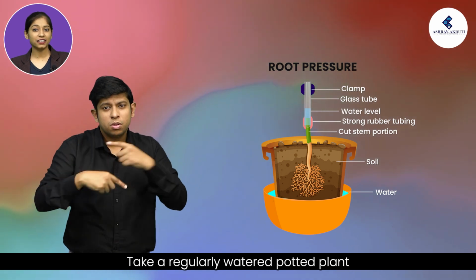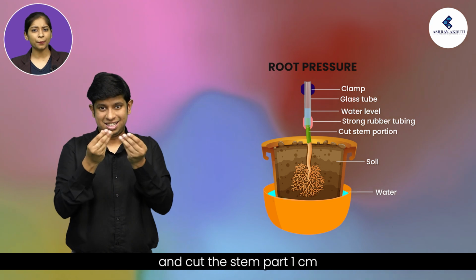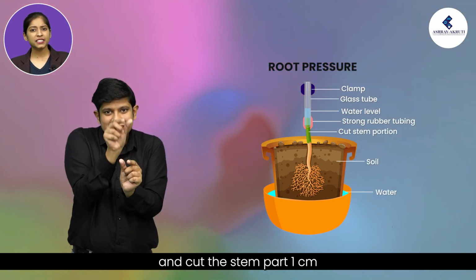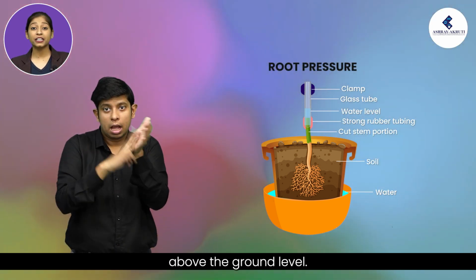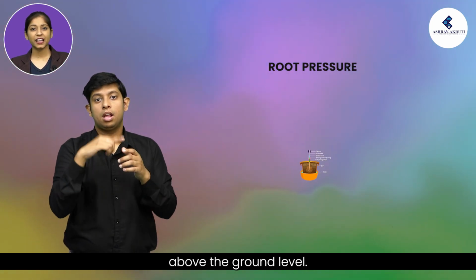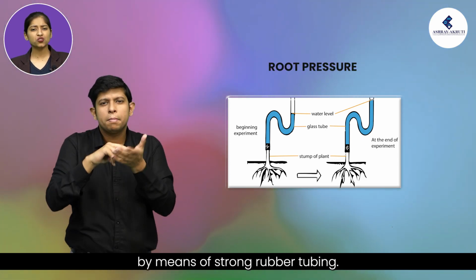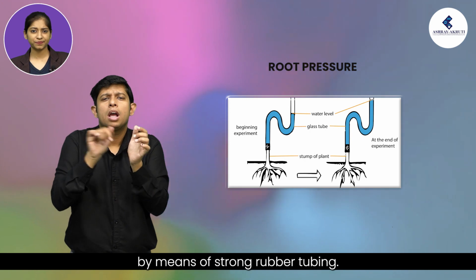Take a regularly watered potted plant and cut the stem 1 centimeter above the ground level. Then connect a glass tube by means of strong rubber tubing.